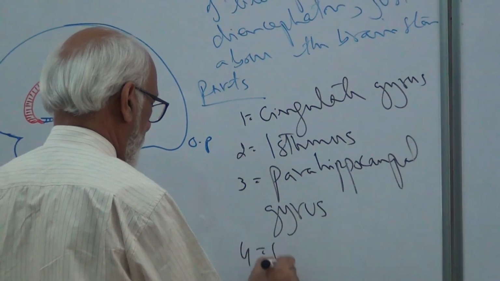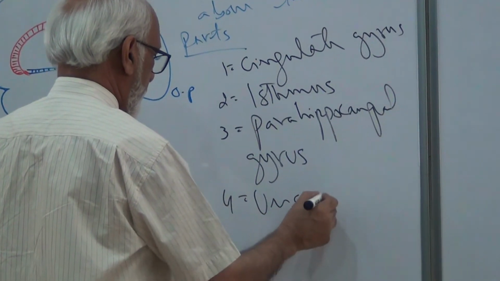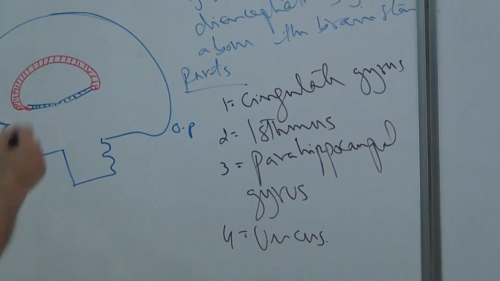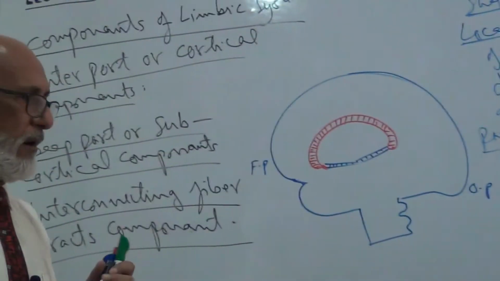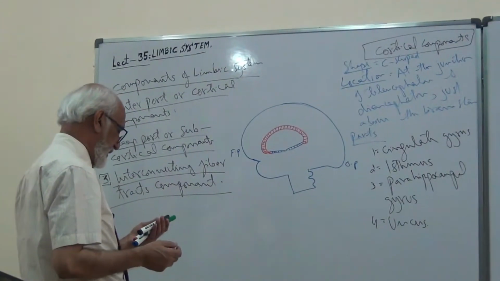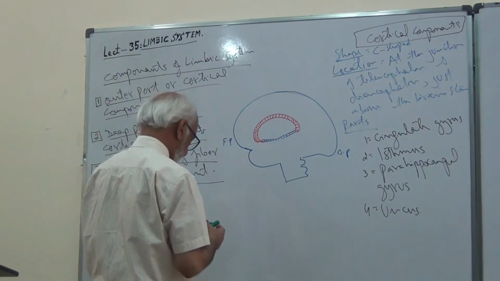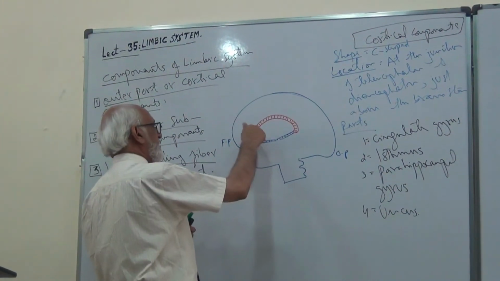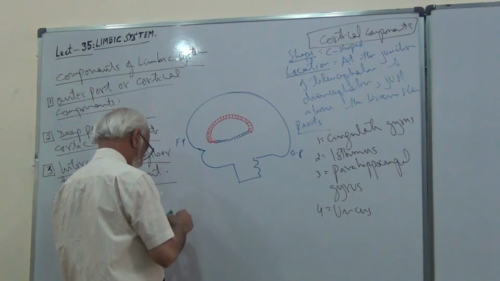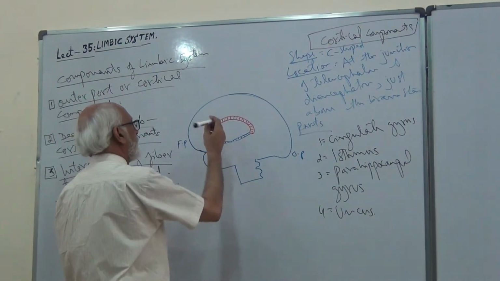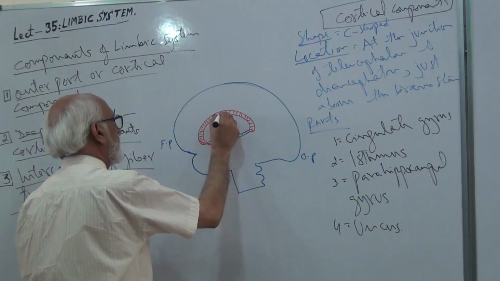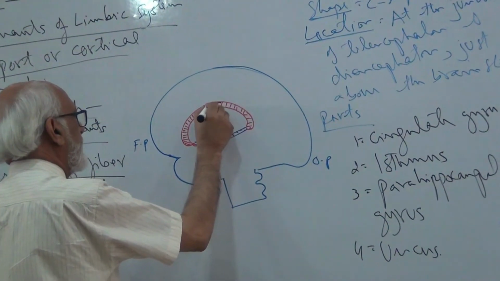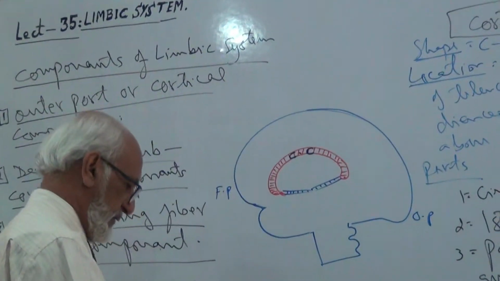And number four, uncus. All these are outside and can be seen externally on the medial surface of the cerebral hemisphere, especially when we cut the midline structure. So this is a corpus callosum section through different midline structures.